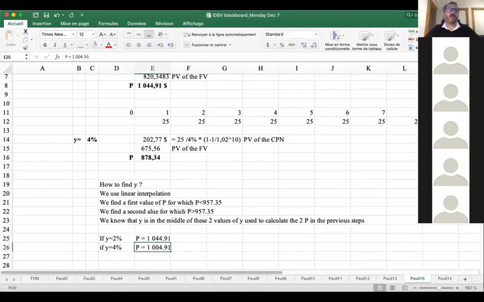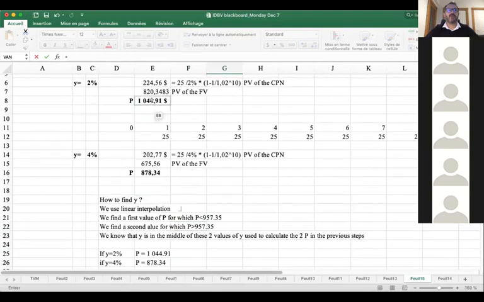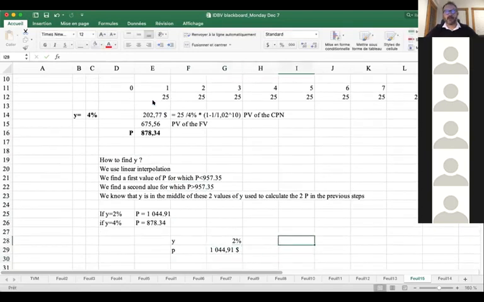If y is equal to 4%, p is equal to 878.34. So if y is equal to 2%, we have this one. If y is equal to 4%, we have this one.